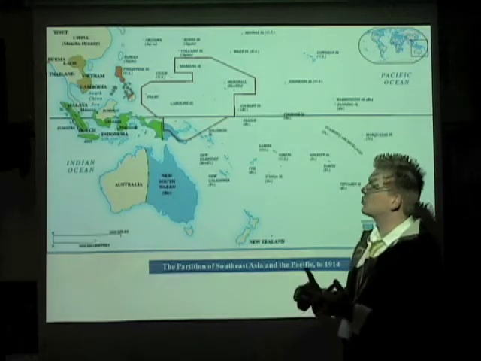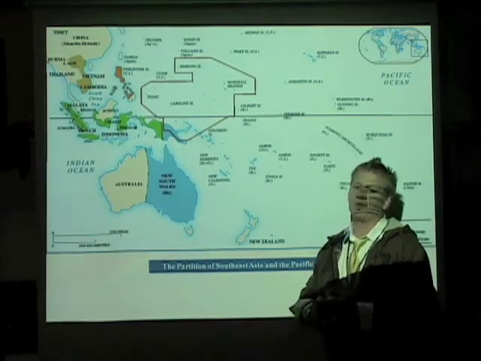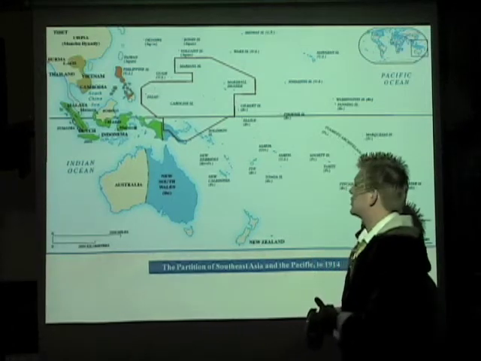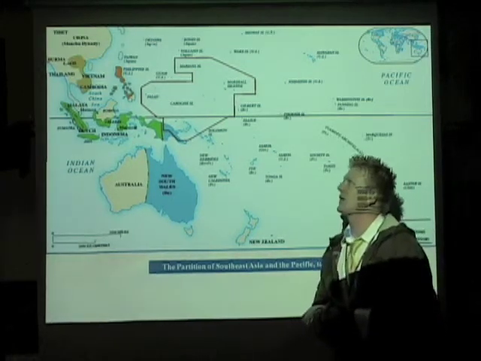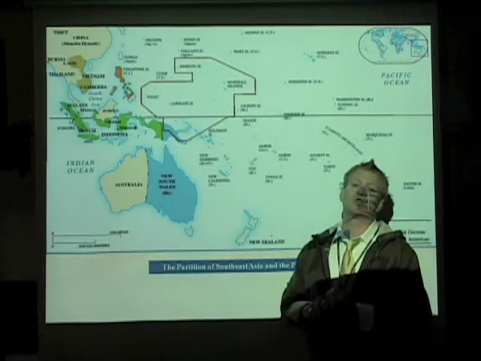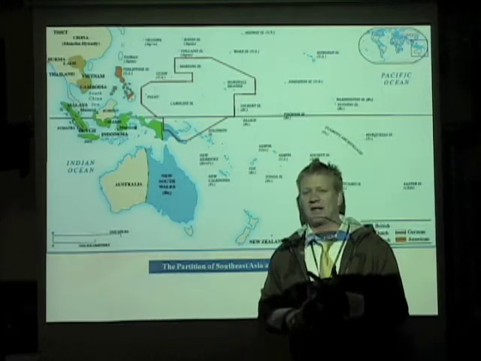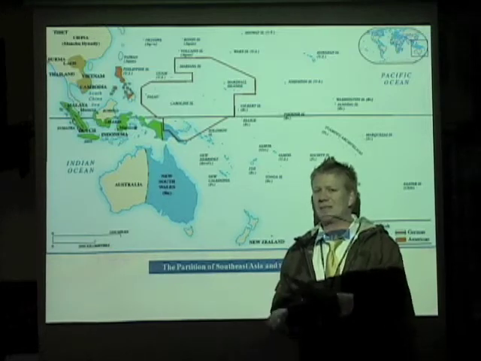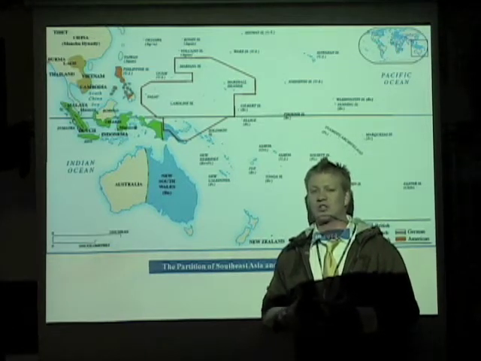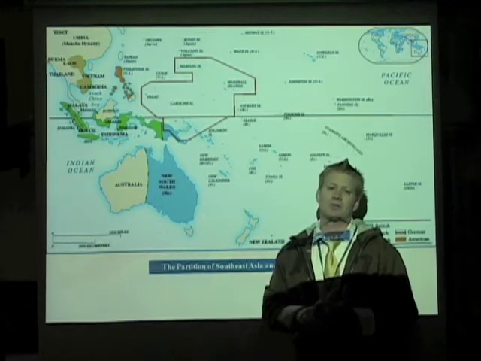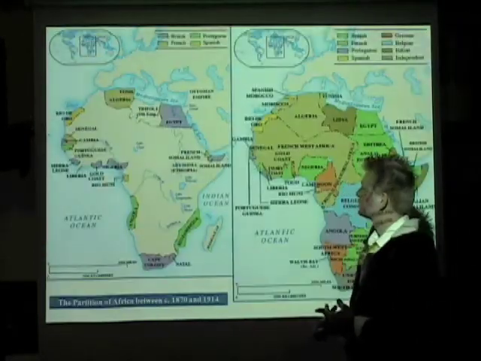But one thing to note is you're going to see the Germans coming into the Pacific and into Africa. You'll see the United States coming into the Pacific, and in a few chapters we're going to look at Japan. But for this, just note that the Germans expanding, and we're going to again see them leading into World War I, and of course the US, their imperialism in the Pacific and Latin America.